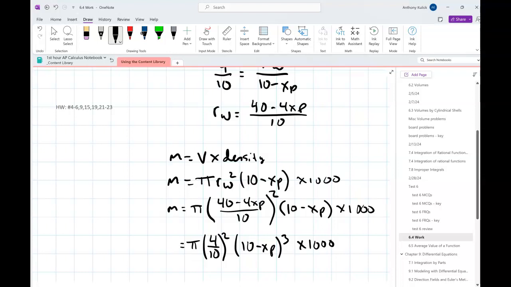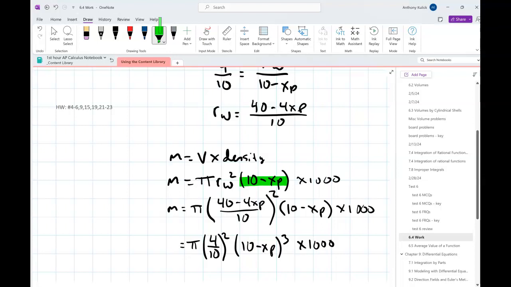Oh my goodness, guys. Hold on one second here. My apologies, I've made a mistake here. The mistake has to do with this. Because how much water am I pumping in an instant?